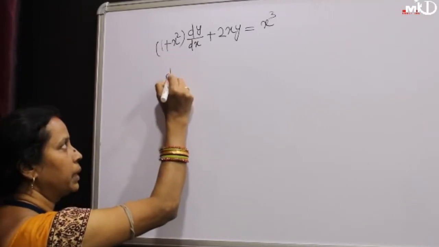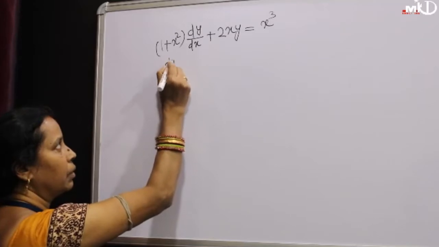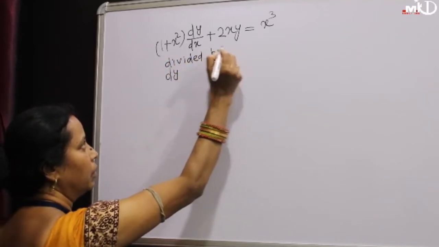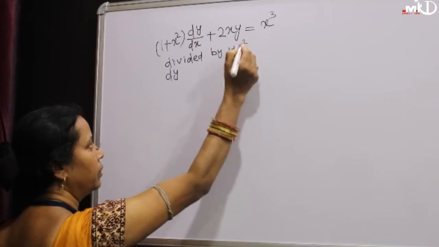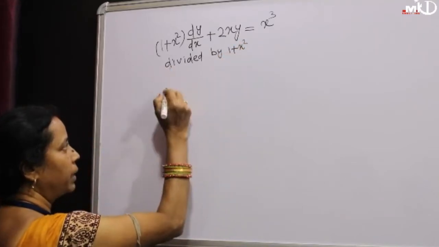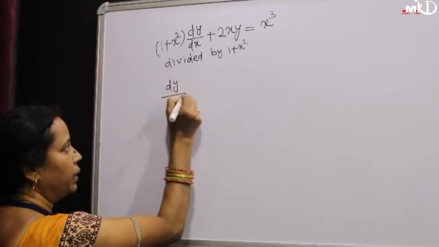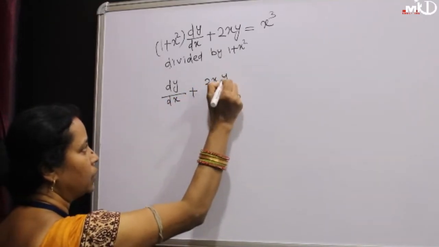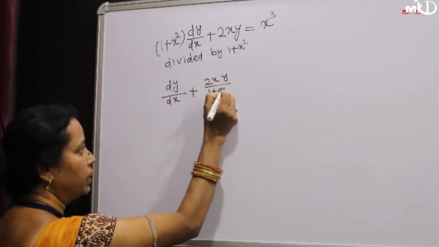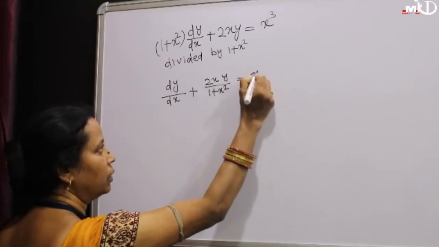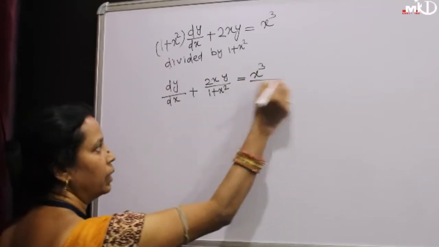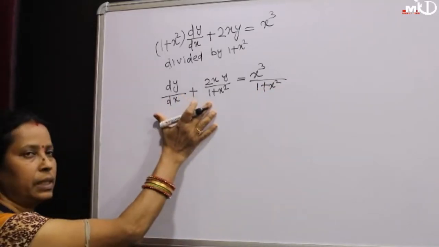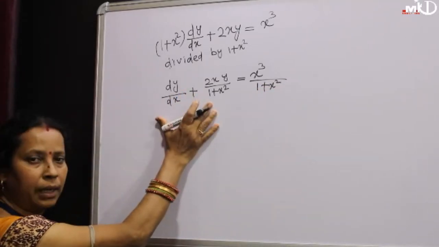So our equation becomes dy by dx plus 2xy by 1 plus x square is equal to x cube by 1 plus x square. Now you see, it is in the form of a linear differential equation.